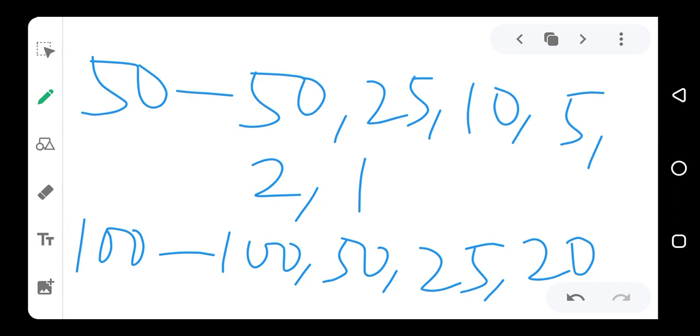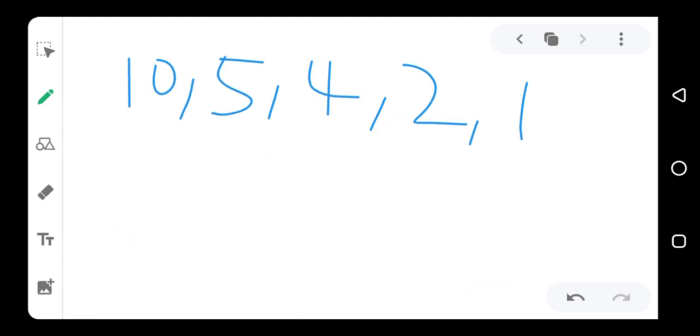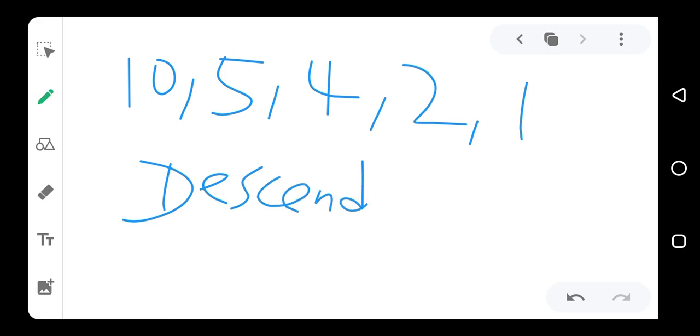Descending order means that you start from the highest number that will divide the number and then you get to the lowest number. The secret is this: if you're asked to arrange them in descending order, I've taught you descending order in another lesson. You may want to go back and review the lesson. Descending order and ascending order.